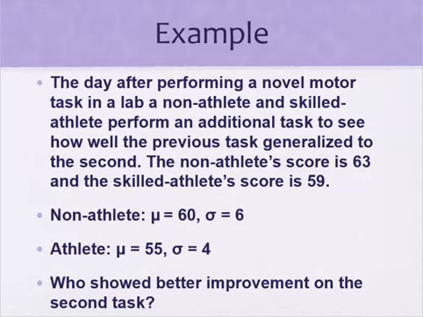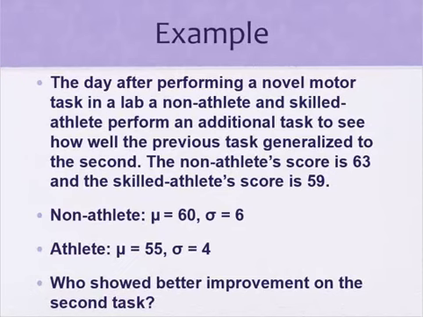Now remember, we're interested in the generalizability between the two tasks in relation to athletic skill. And we can't just simply compare the raw score of 63 for the non-athlete to the raw score of 59 for the athlete, because those scores come from two totally different distributions. You might say, well, look, the non-athlete got 63, the athlete got 59.